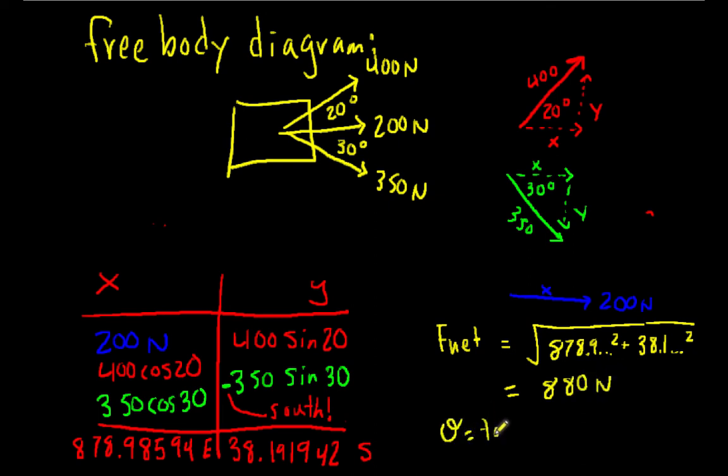The angle, because all forces are vectors and they require angles, is tan negative 1 of y over x. Putting in our numbers, this is tan negative 1 of 38.19194, which is to the south, divided by 878.98594, which is to the east.